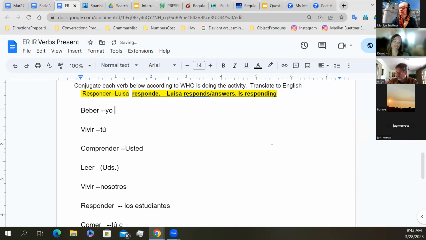Okay, let's take beber. And of course, for beber, we have to take off the ER. We always have to take off the ER or take off the IR, whichever kind of infinitive it is. We've got to take that ending off first. And to give it a conjugation for yo, it will be yo bebo.